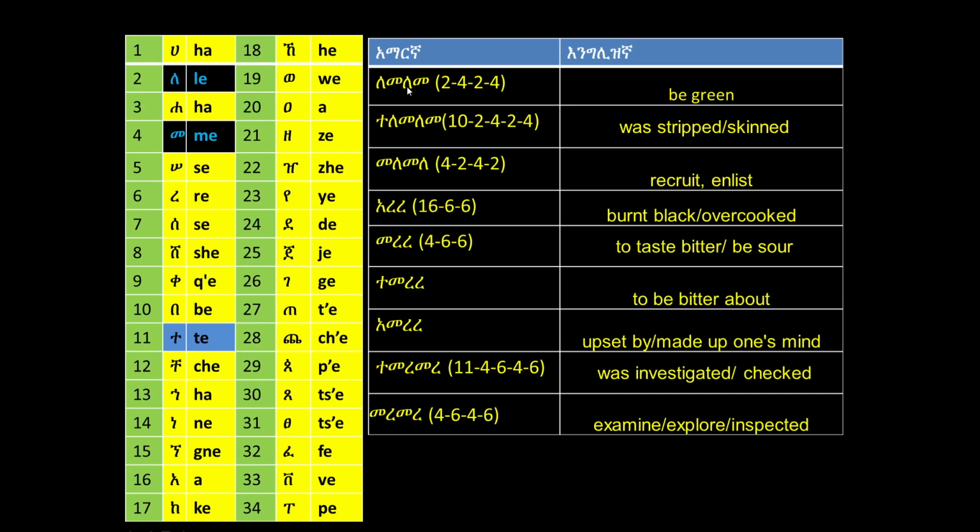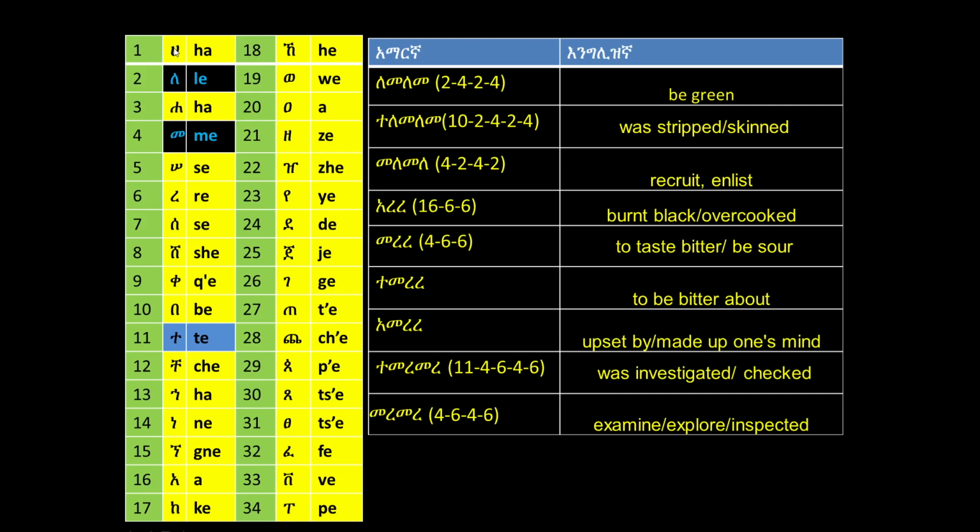So the first example is le, me, le, me. The numbers are just to show the location of each letter. Le is number 2, me is number 4, le again number 2, me number 4.